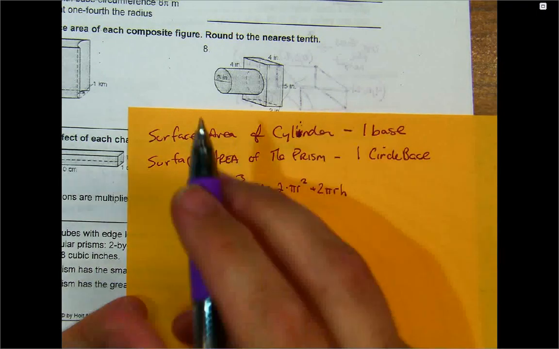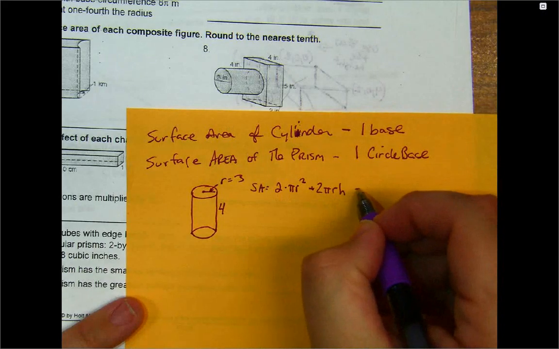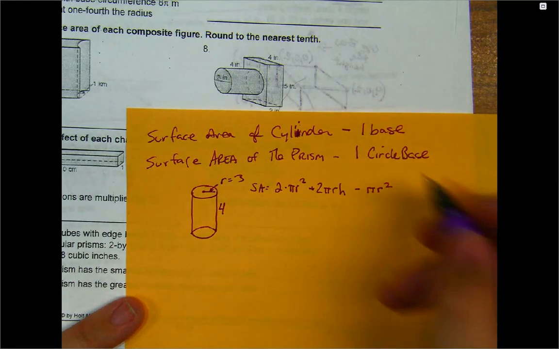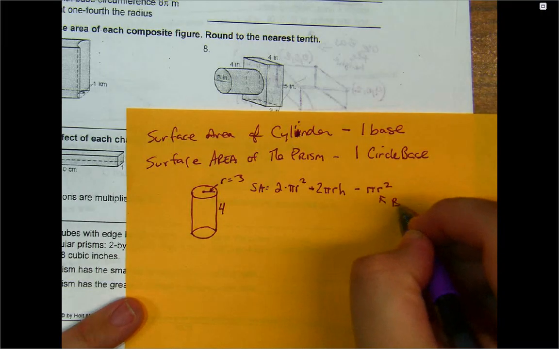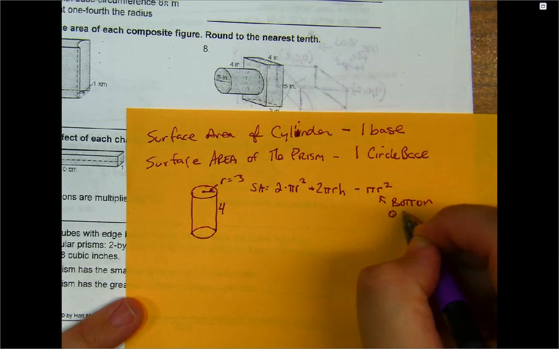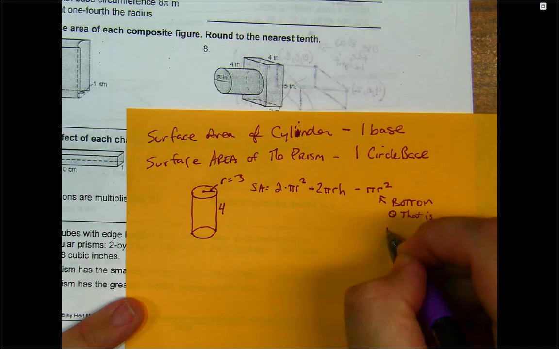Now, what I'm going to have to do is subtract off a pi r squared, because this is that bottom circle. That is not on the outside.